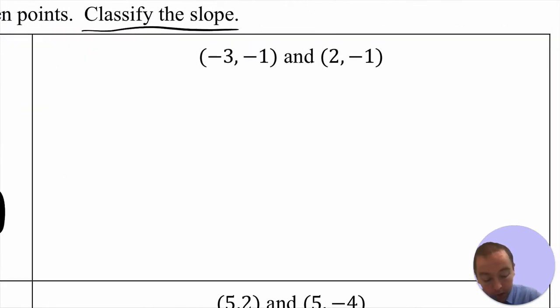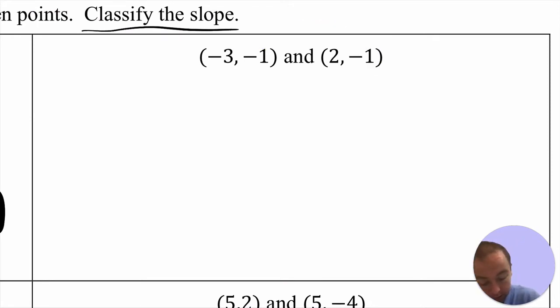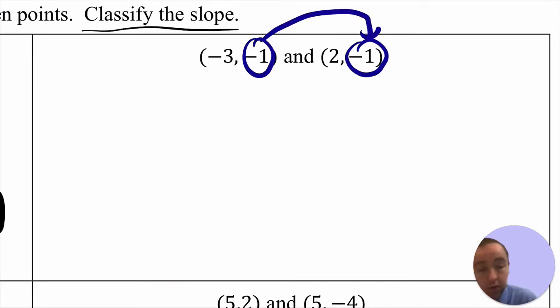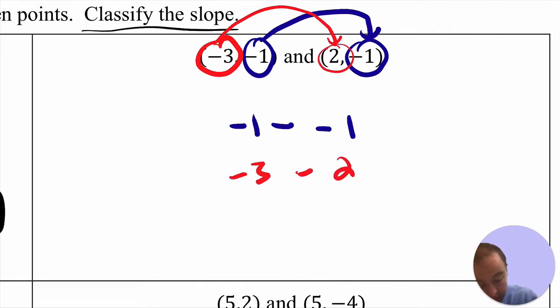So what I did last time is I found the change in the y's and then the change in the x's. So it does work okay that if you identify your y's, if you subtract in this direction, it's going to be a-okay. So if I did this negative 1 minus this negative 1, then you just have to make sure that you start with this x, since I started with the y from that first point, and then subtract away the other x. So I have negative 3 minus positive 2 there.